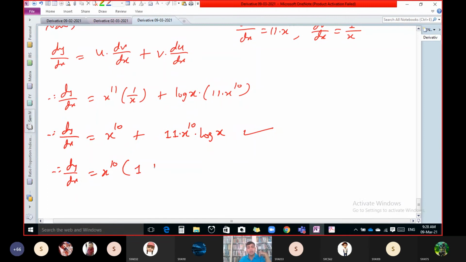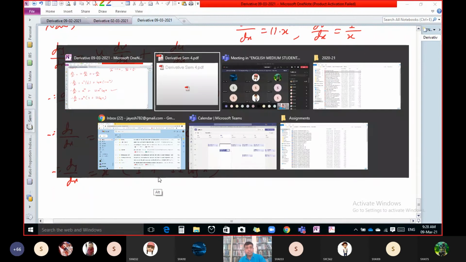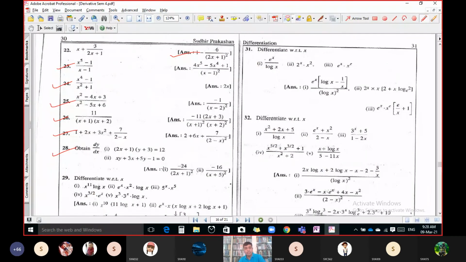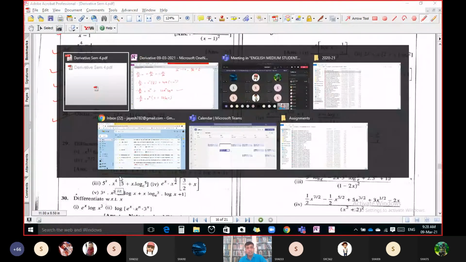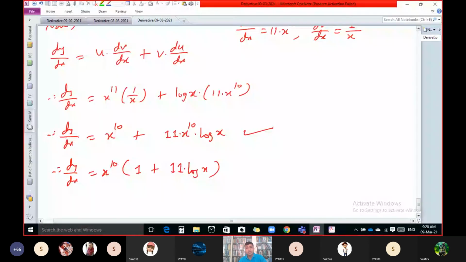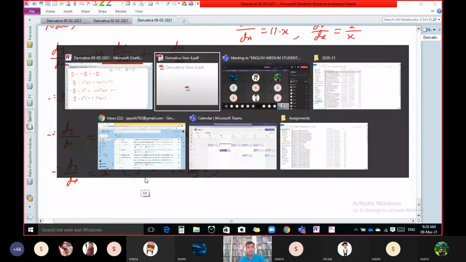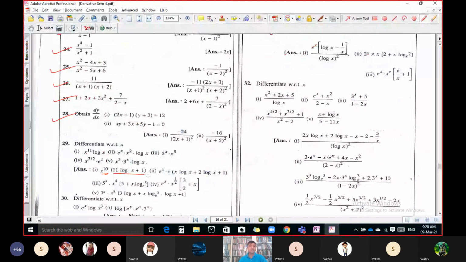So what we get? x raised to 10 into 1 plus 11 log x. So this is my final answer. Here you can write 1 plus 11 log x or 11 log x plus 1. It's the same thing. So that is the way to solve this question.